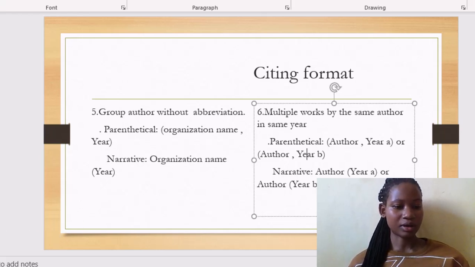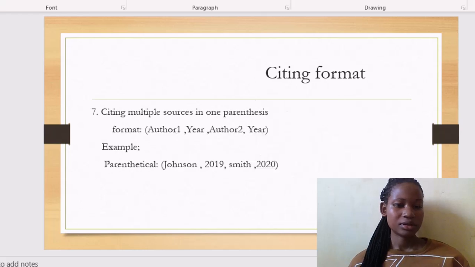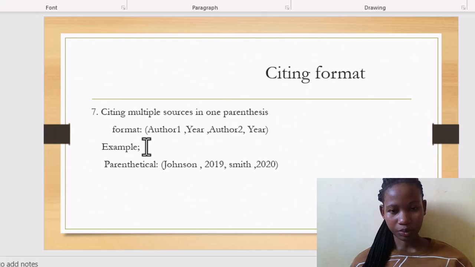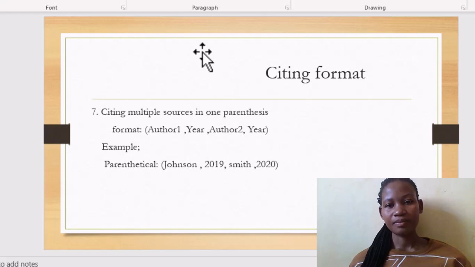Then we shall be talking about the last slide, which is about citing multiple sources in one parenthesis. So the format here will be, we shall put the authors in the bracket, we shall have author 1, then the year, then author 2, then also the year in the bracket.